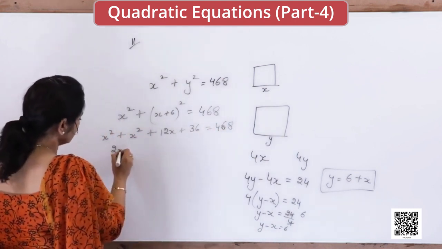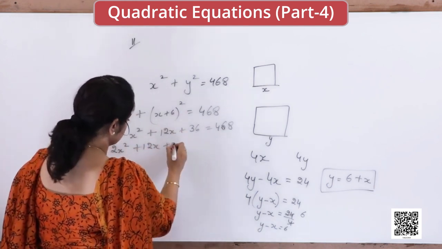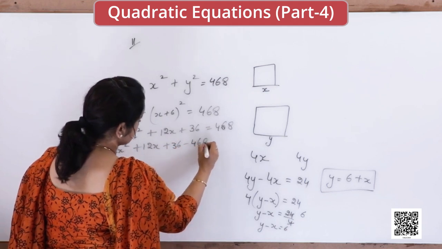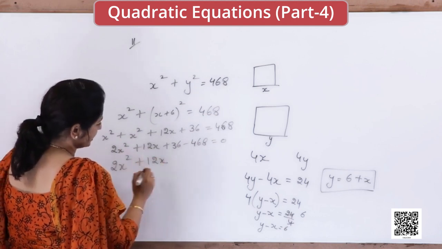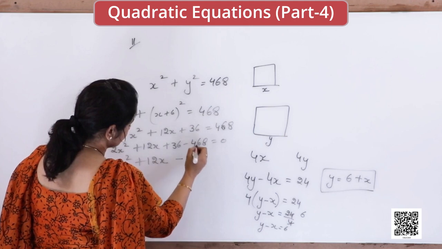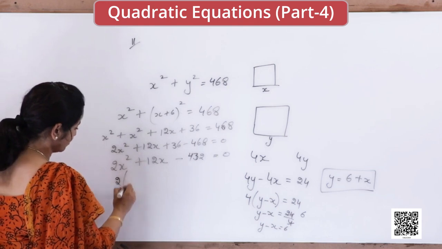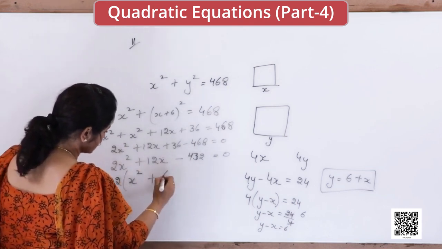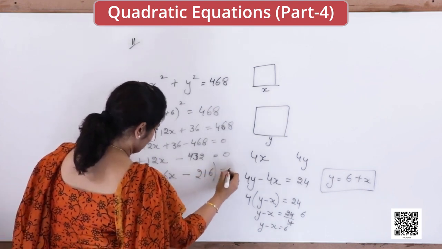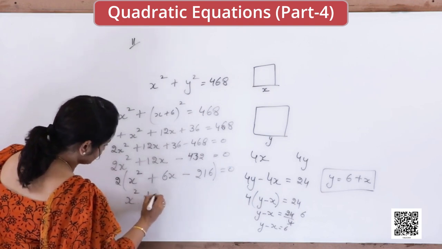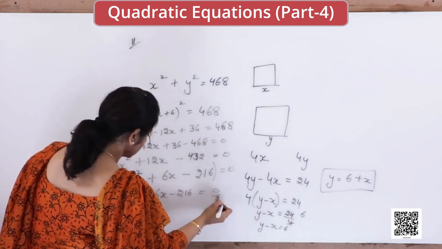So, 2x square plus 12x plus 36 minus 468 equals 0. 2x square plus 12x minus 432 equals 0. Now, we can take 2 as common. So, we will have x square plus 6x minus 216 equals 0.